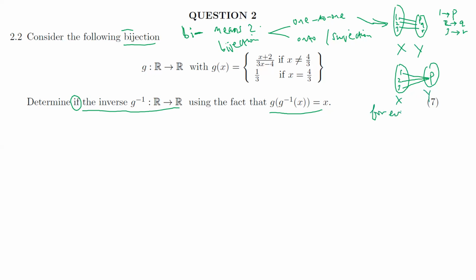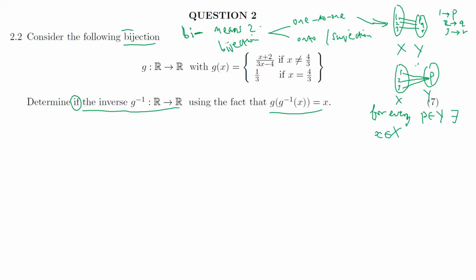For every P in Y, so you start from the end, for every P in Y, there exists a small x, I would say, in big X.